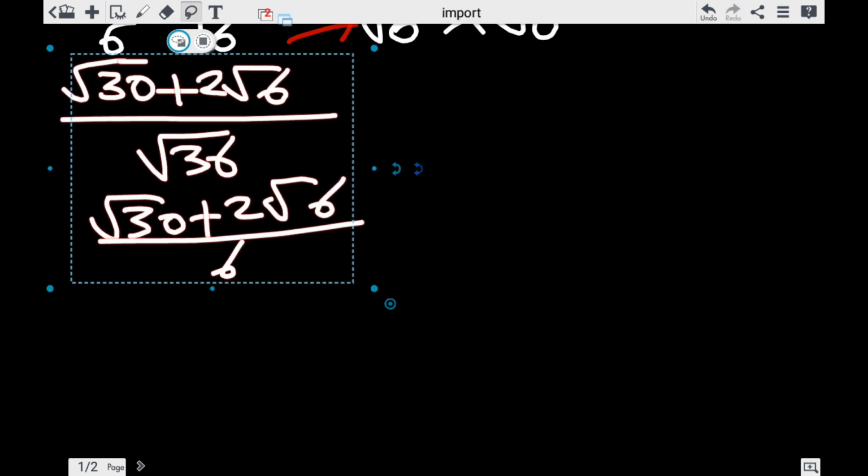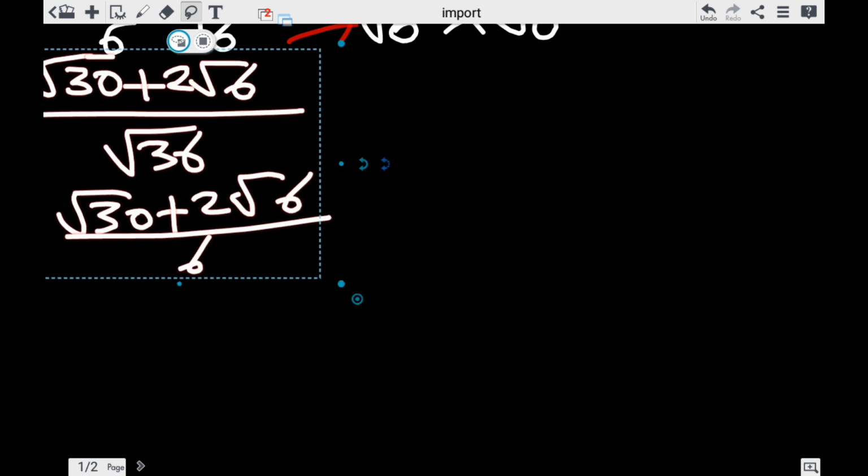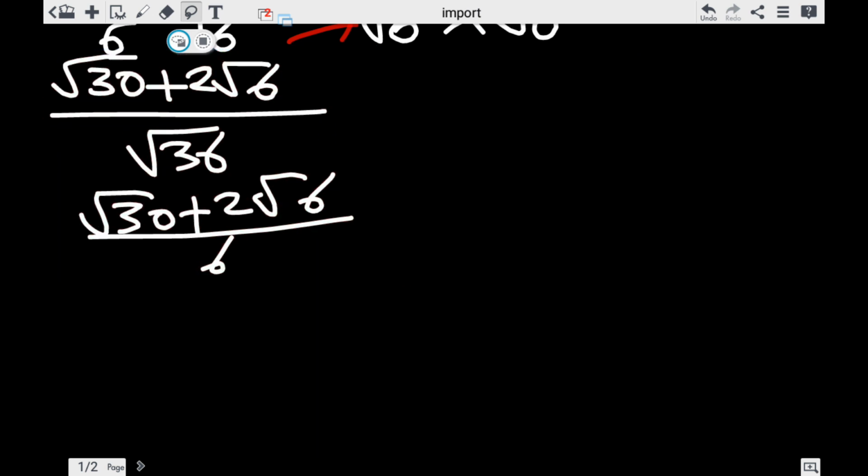So here we go. At this point, we want to factorize root 30 and this 2 root 6.